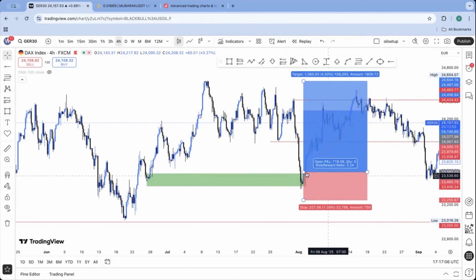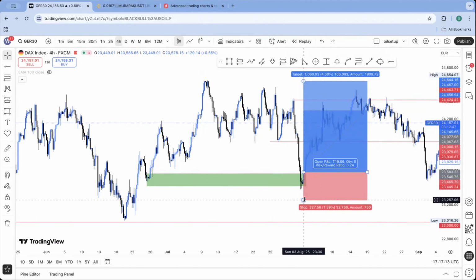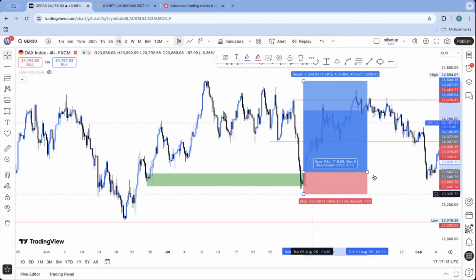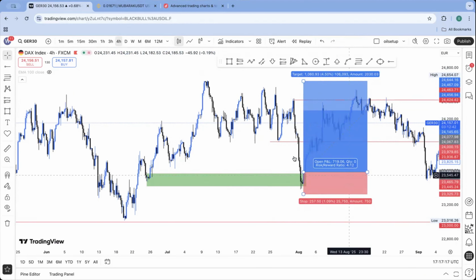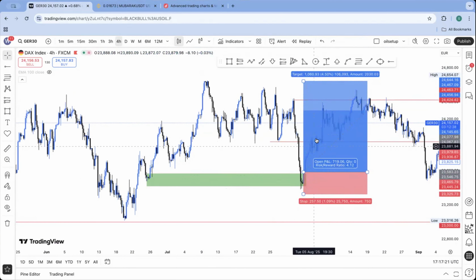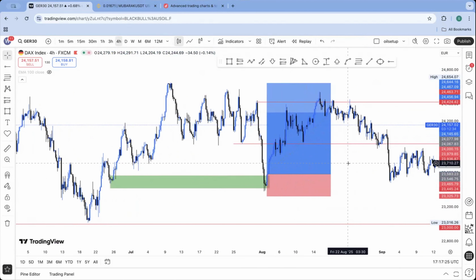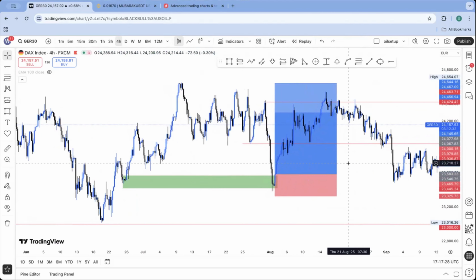So you could see over here, price just gave us a sniper entry. It gave us a small drawdown and then it went straight into profit. So this is how you can spot opportunities on the markets, by what I just showed you guys.